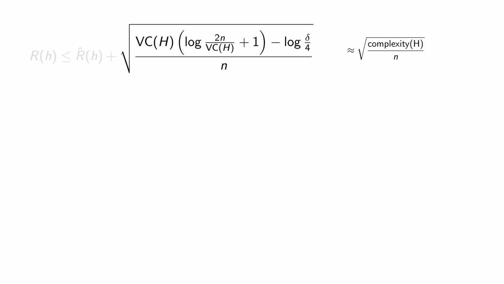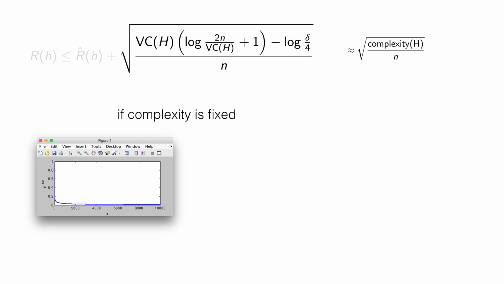So this gives us an idea of what this bound is telling us. It's telling us that if the complexity is fixed, then our generalization error is going to shrink at a rate that's something like square root of 1 over n, and that looks like this curve I've drawn here. You can see it very quickly drops small, and then it takes a while to get even smaller.